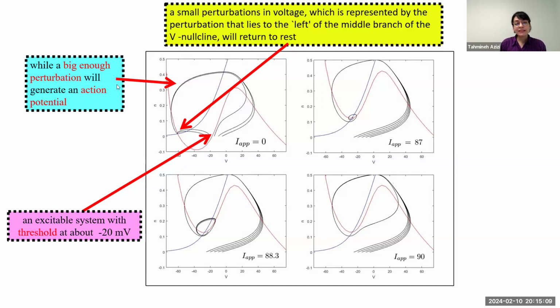The interesting thing here is that we can talk about the threshold, the point at which some of the solutions or trajectories of the system have the ability to spike, but some of them just go back to the steady state. That's why we call this point the threshold for the model.